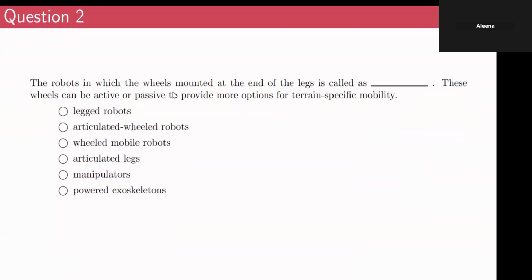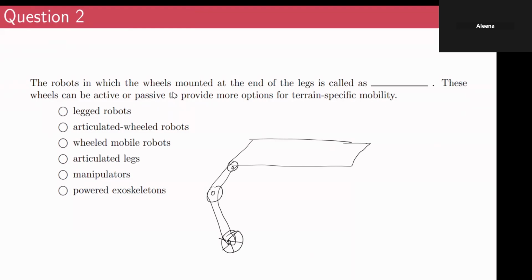So going to question 2, the robot in which the wheels are mounted at the end of the legs is called dash. These wheels can be active or passive to provide more options for terrain-specific mobility. Right? So you have to select an option from the multiple choices, where it is said that the robot has legs, and at the end of the legs, you have wheels.